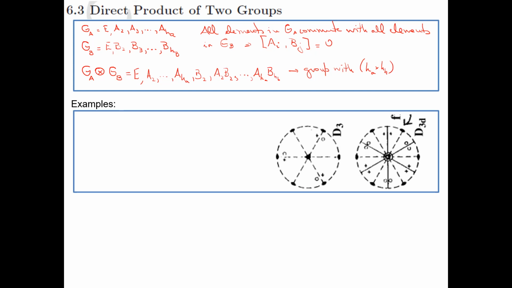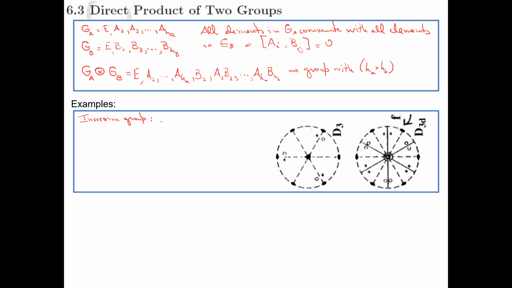Common examples involve direct product of any point group with the inversion group. So this is a common example. The inversion group has many notations.